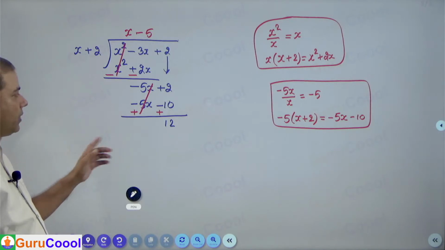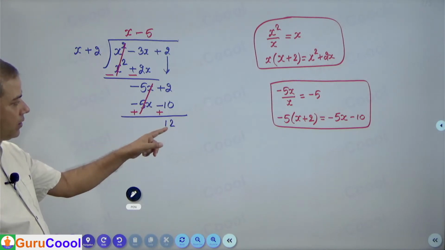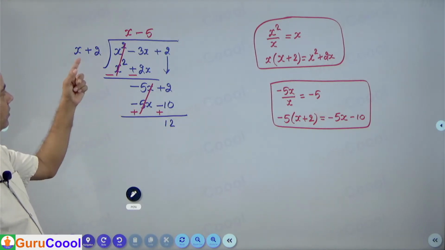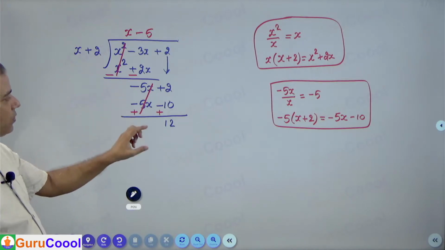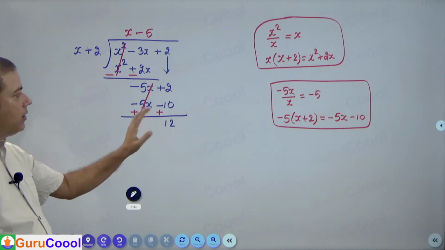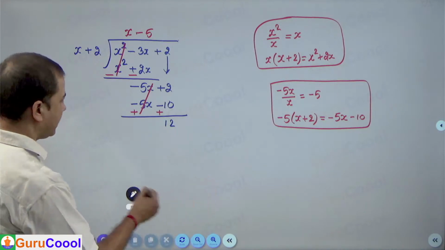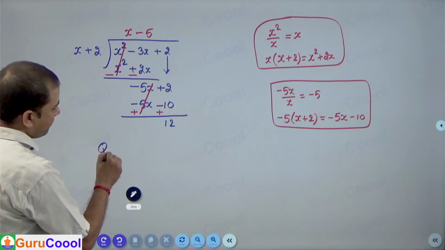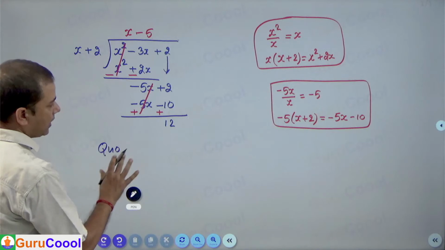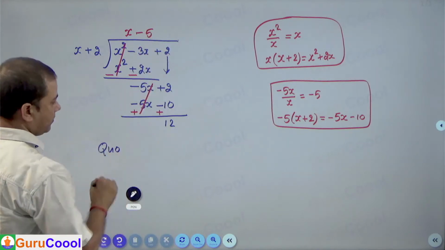Division is complete now because the degree of remainder is smaller than the degree of divisor. Whenever you think degree is lesser in the remainder, stop here. It is complete. Now we have to write the answer, and answer means quotient and remainder.